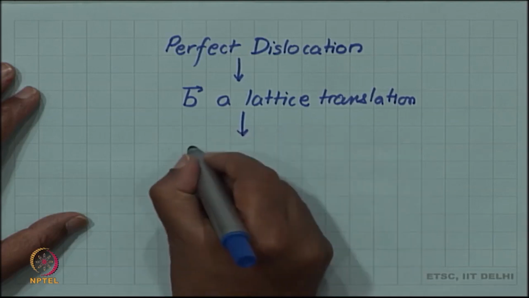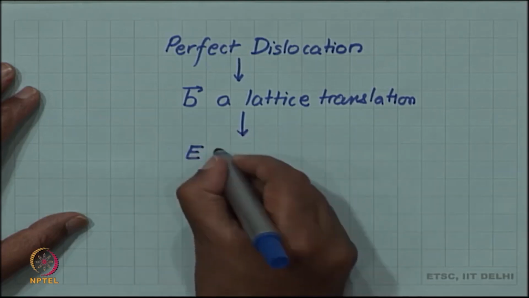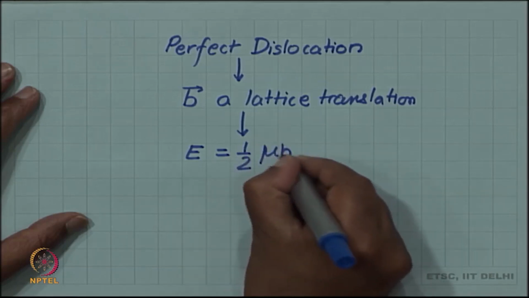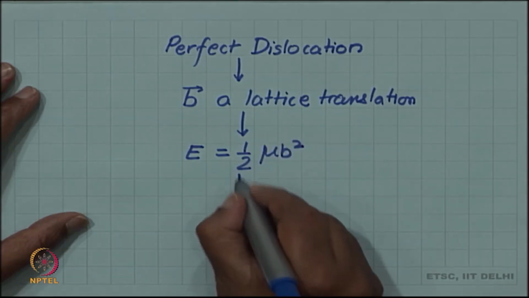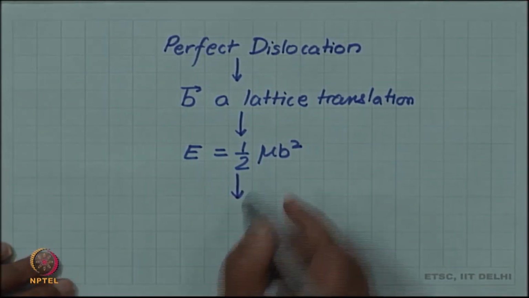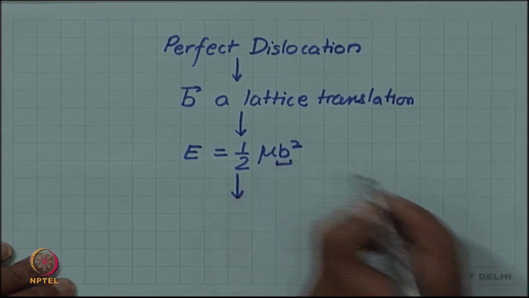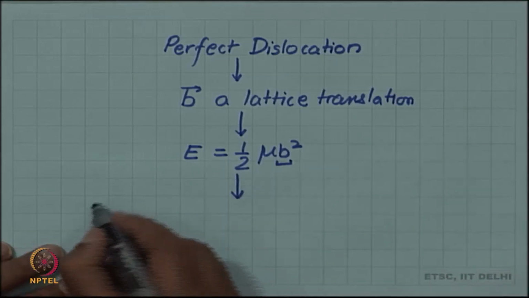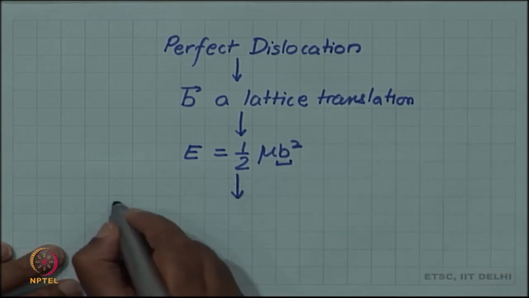But we have also seen that the energy per unit length of the dislocation line is half mu B square. So, if B is a large lattice translation, then the energy will also be higher. So, B should be as short as possible.